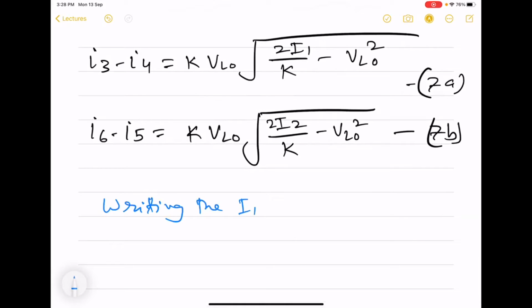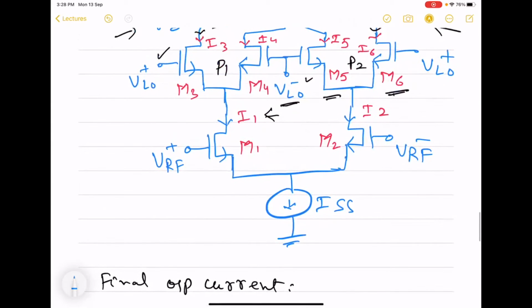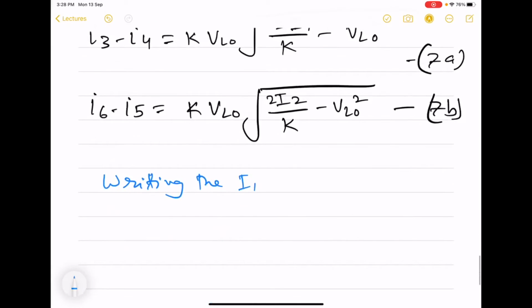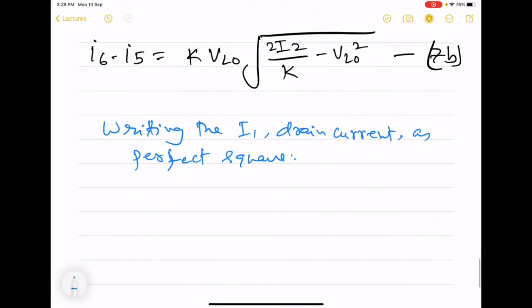And this I1 is basically the drain current for pair 3, consisting of M1 and M2. So writing the I1, which is the drain current, we had already derived this drain current.